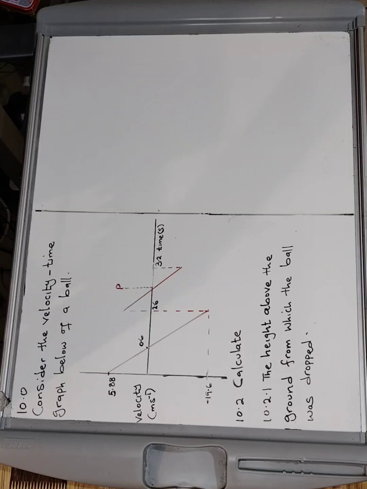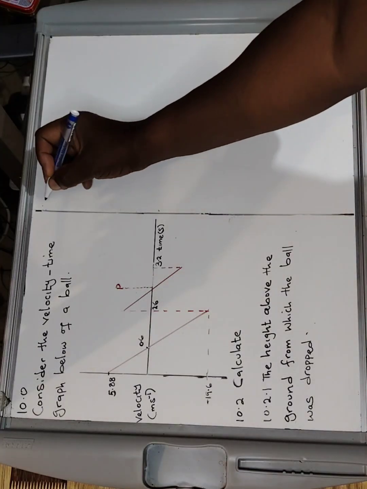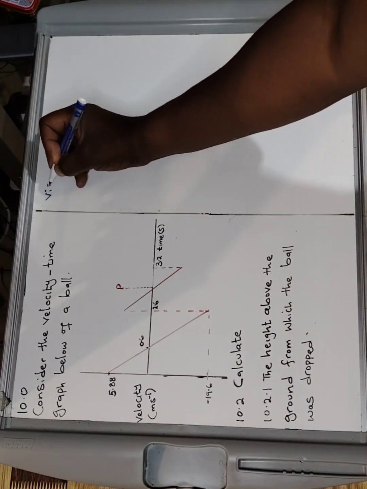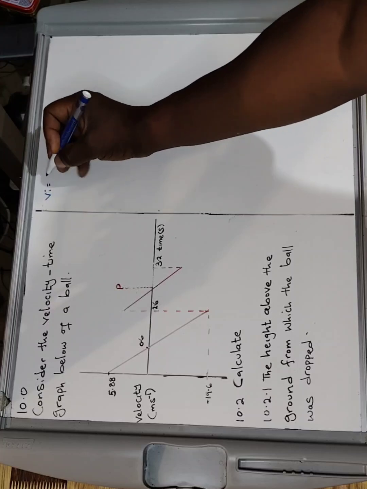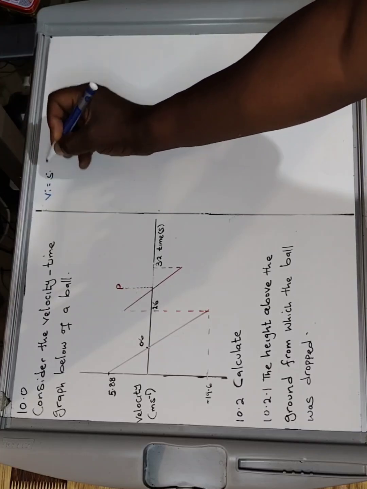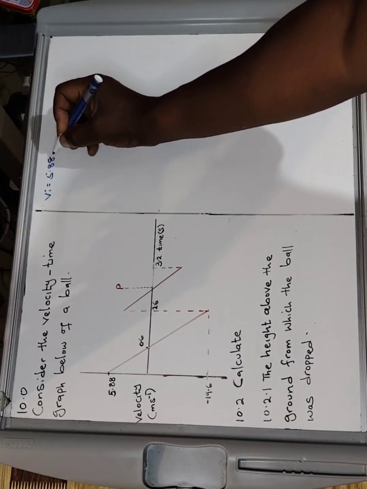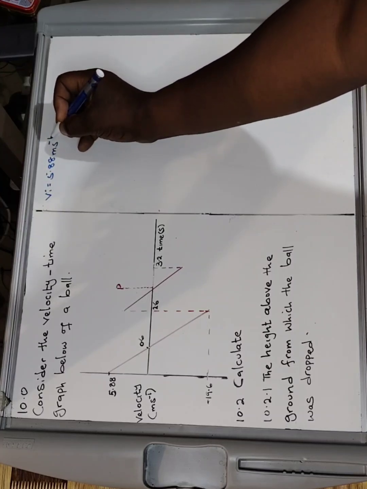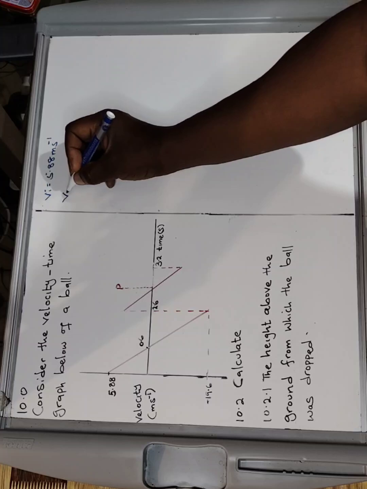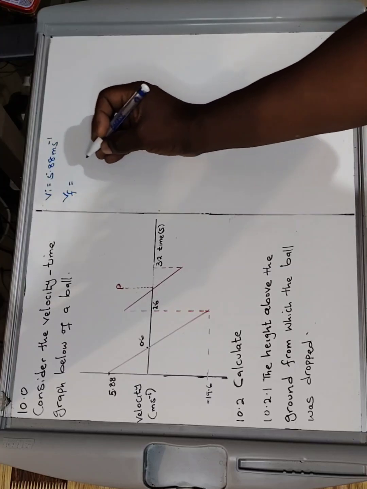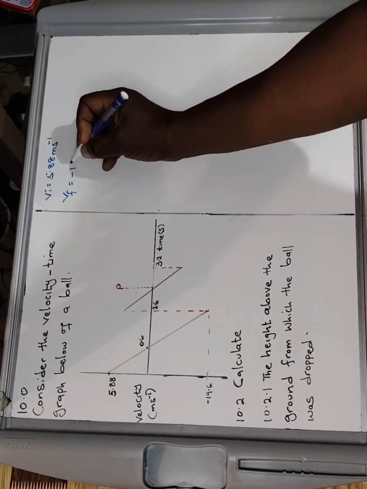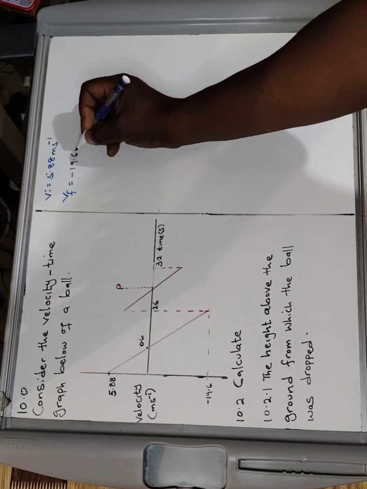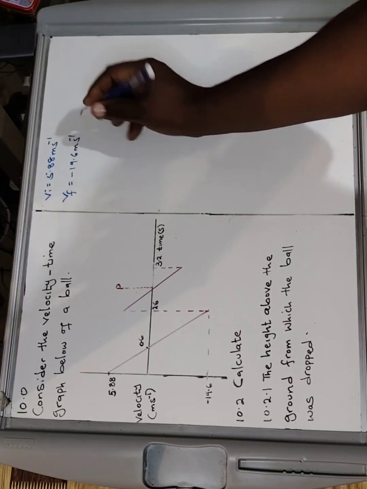So I have a lot of data here. Let us look at it. We have the initial velocity, which is 5.88 meters per second. I have the final velocity at which the ball strikes the ground as negative 19.6 meters per second.